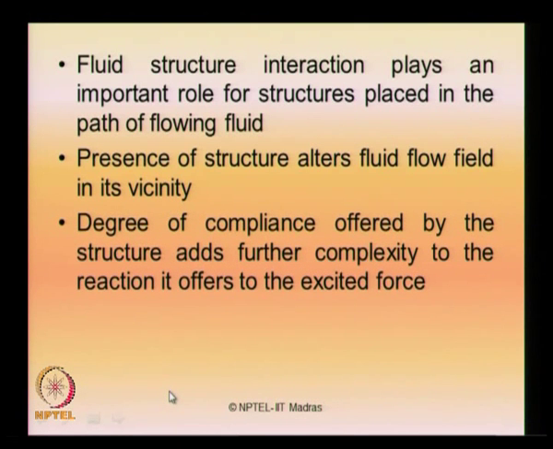The degree of compliance therefore plays a very important role, because this can add complexity to the reaction it offers to the excited forces. Therefore it is important for us to understand whether FSI is applied on a fixed structure or a floating structure, because if it is a floating structure the compliancy the structure has also adds complexity to the reaction it offers to the excited forces.